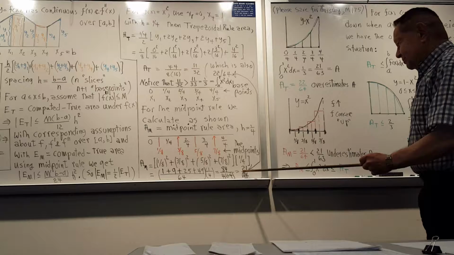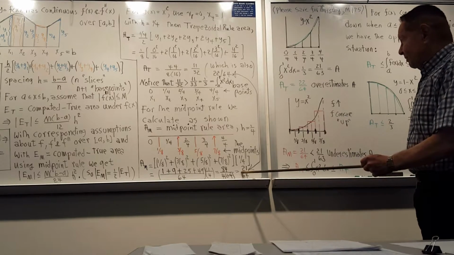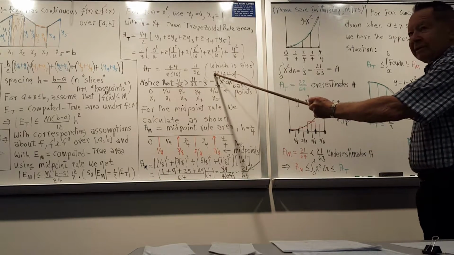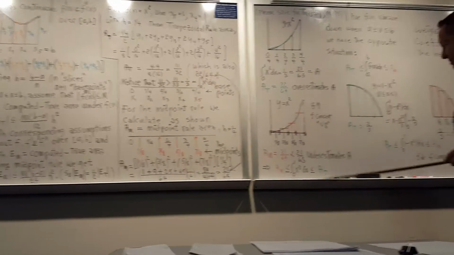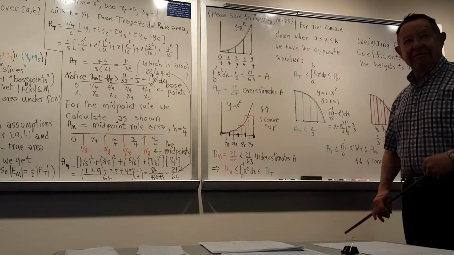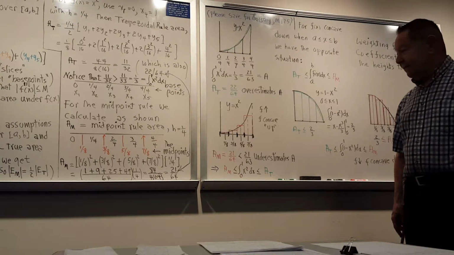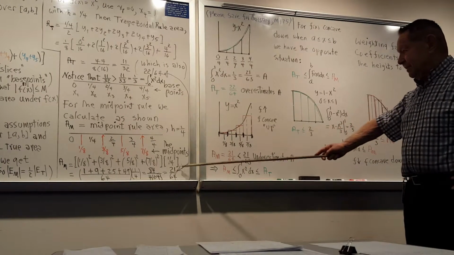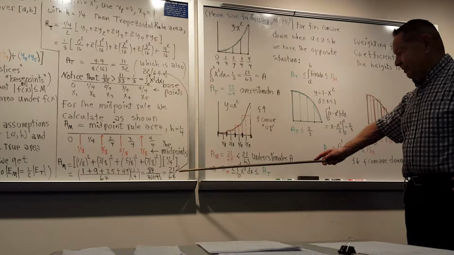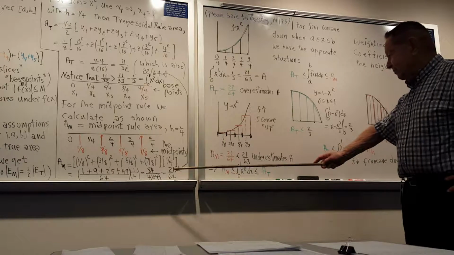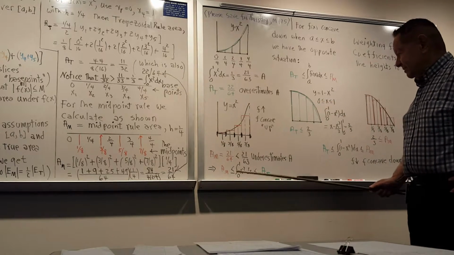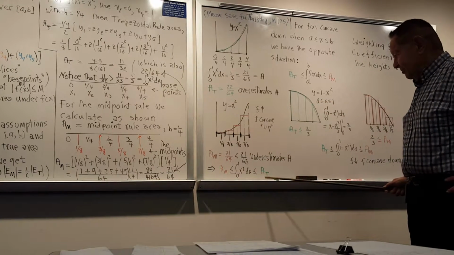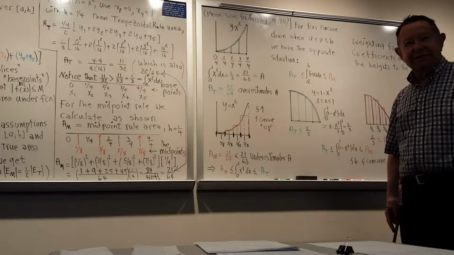And so that gives you 21 over 64 as compared to 22 over 64. And your true area is in between. If you have a calculator, you could get the decimal values for 21 over 64 and for 22 over 64 and compare with a third, and I think you'll see that's true.